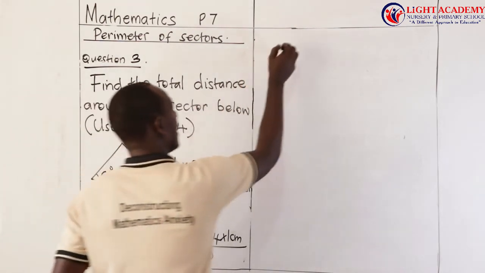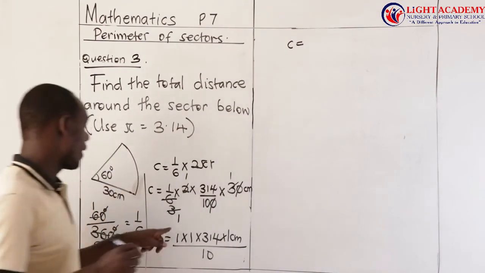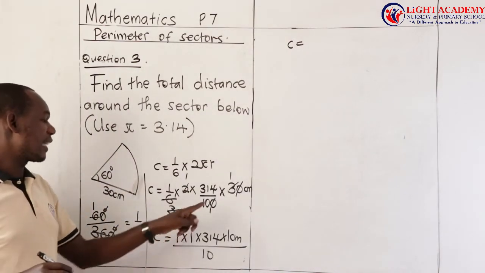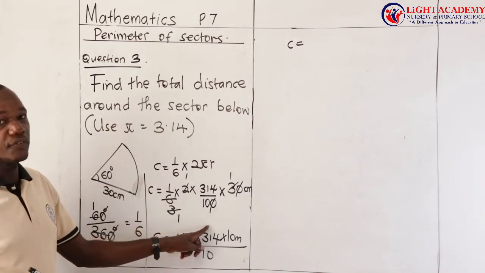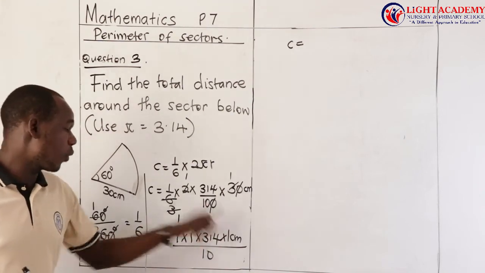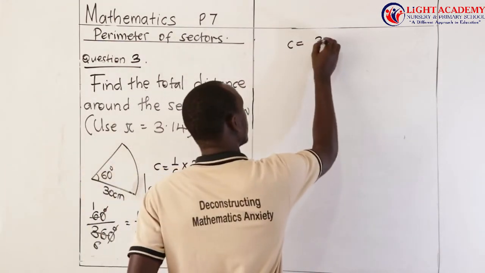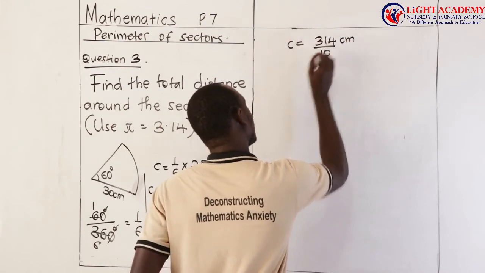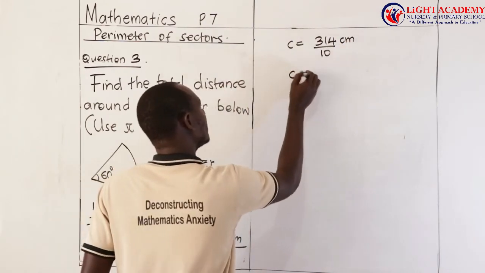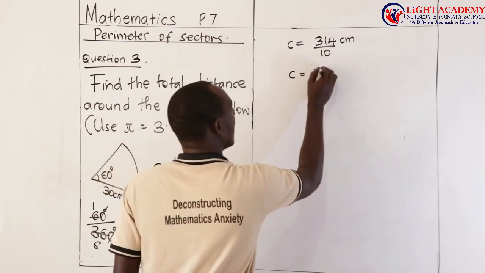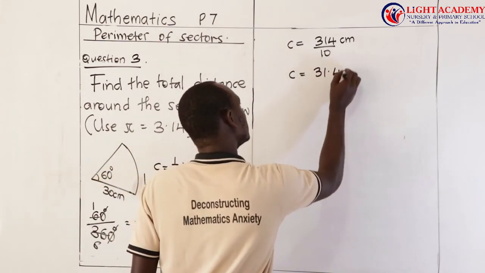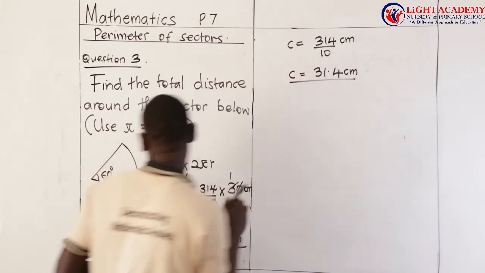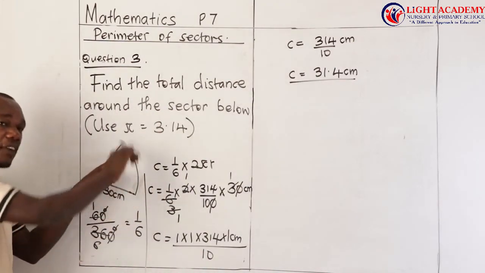That means our circumference will be equal to 314 centimeters out of 10. And that means our circumference, as a decimal, is the same as 31.4 centimeters. So this is the length of this curved surface.